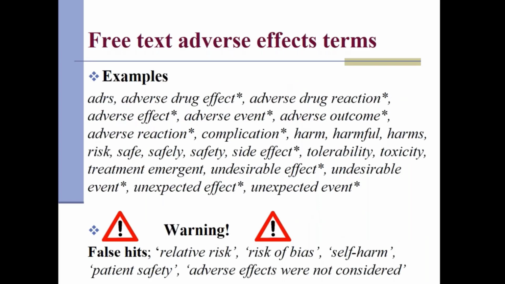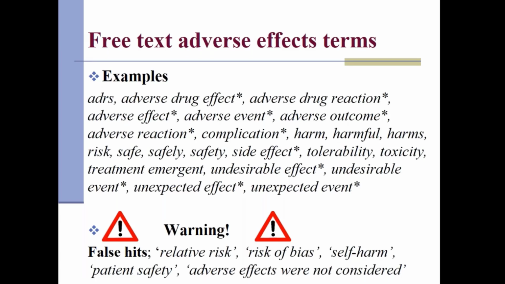I've already mentioned a few of the examples of the adverse effects terms that you can use. This is just a slightly more comprehensive list, but a word of warning, some of these will give you a lot of noise, a lot of false hits. For instance, risk, there's lots of talk of relative risk, obviously, risk of bias.